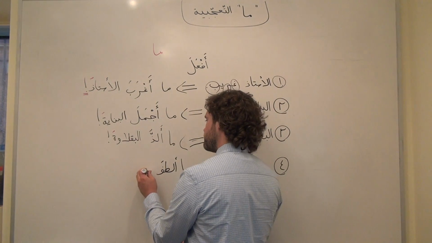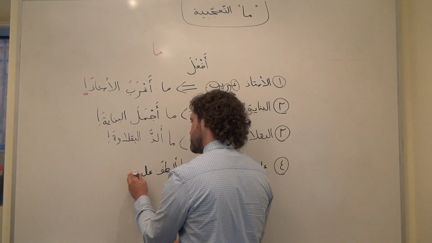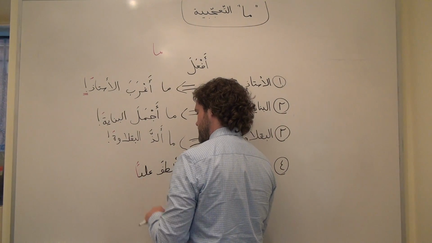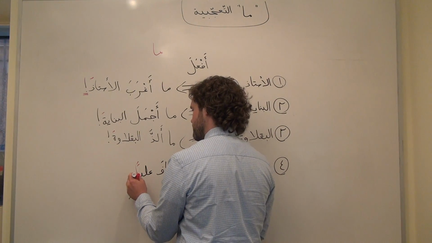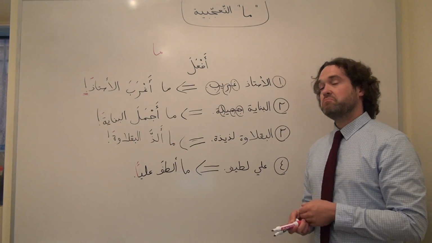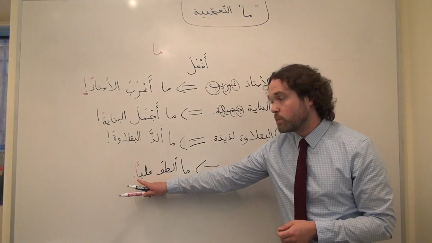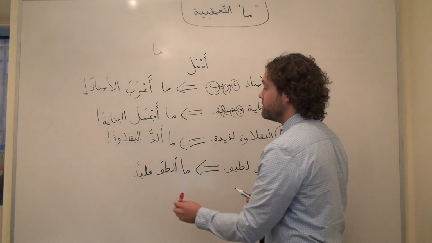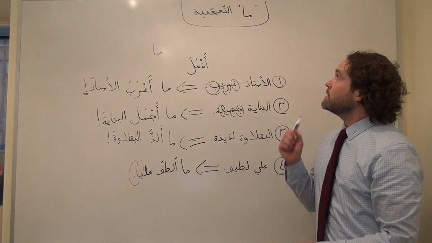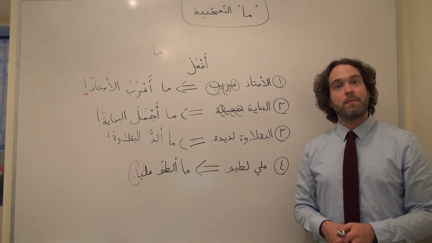Ma altafa Ali, because we need that mansoob ending in formal Arabic. And this would actually be a case where we would need to represent it visually, even in an unvocalized text, because of that alif. So, now you know how to exclaim about things in Arabic.